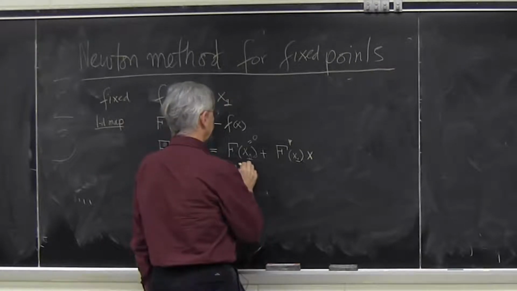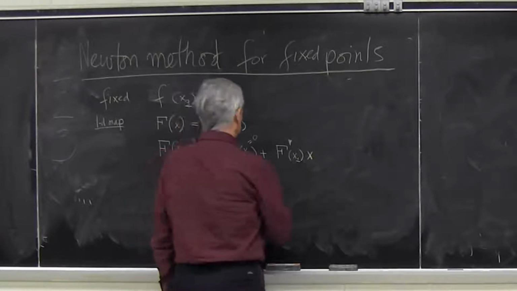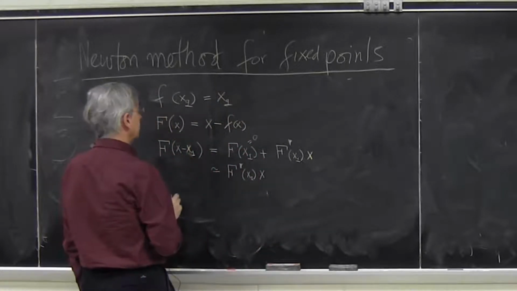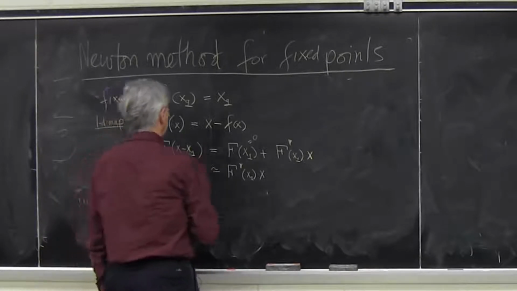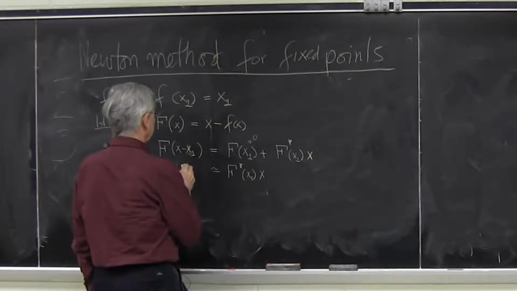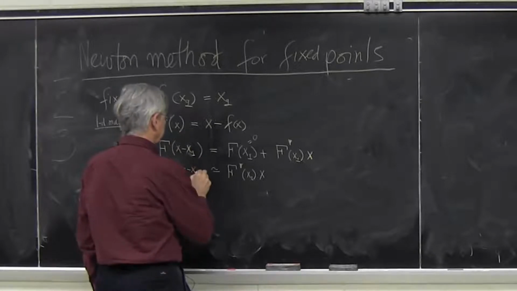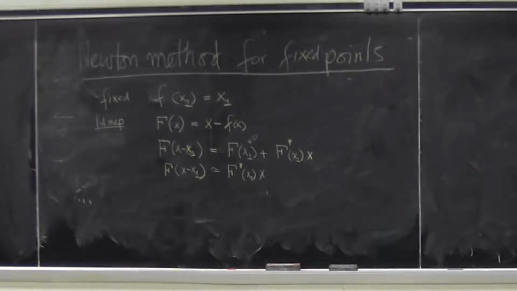So we have f prime of xq times x. So let me call this, and I can't believe it, but I'm again going to be wrong with signs, etc. I think we got a negative sign wrong in our Taylor expansion.